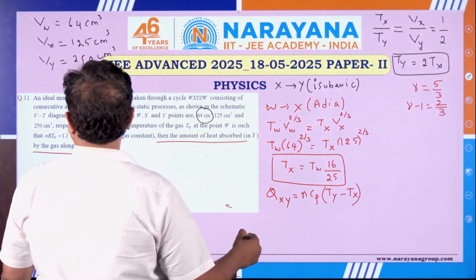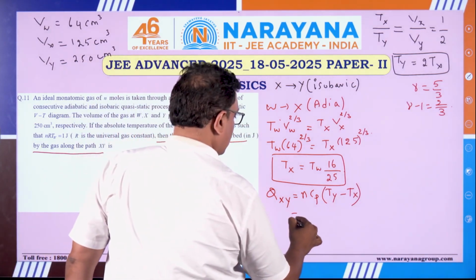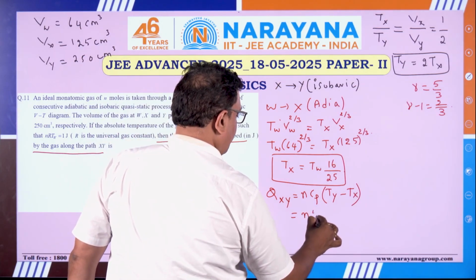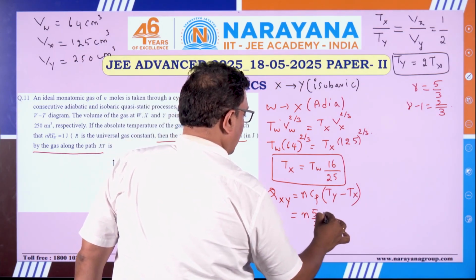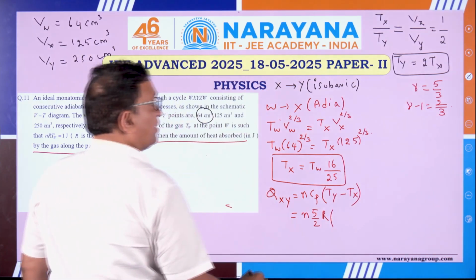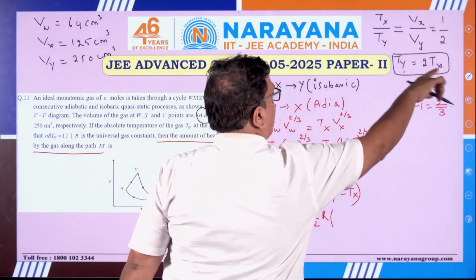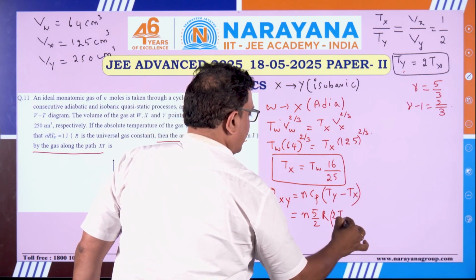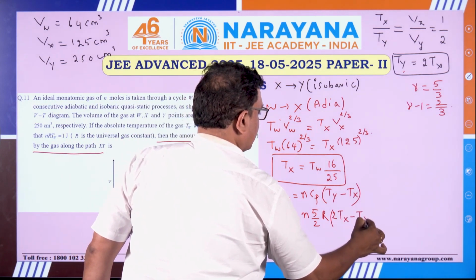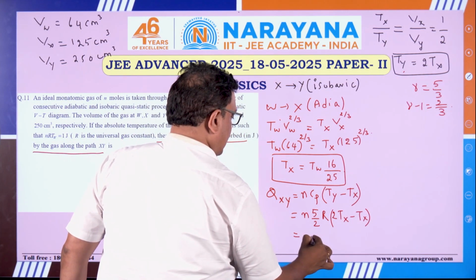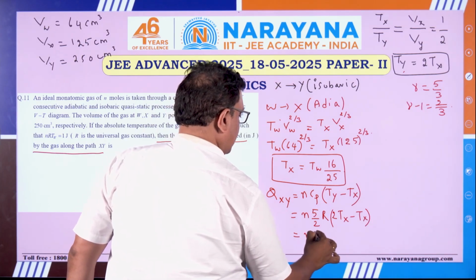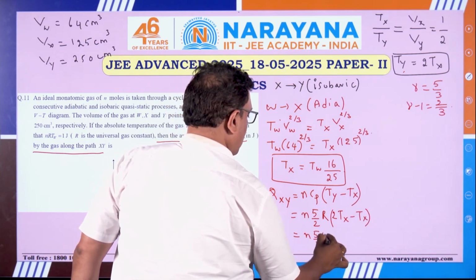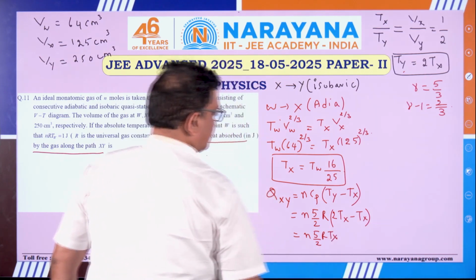Number of moles n, Cp is 5 by 2 R. Don't forget, wherever I have Ty, I can use 2Tx. So, therefore, 2Tx minus Tx, and that is n times 5 by 2 R Tx.